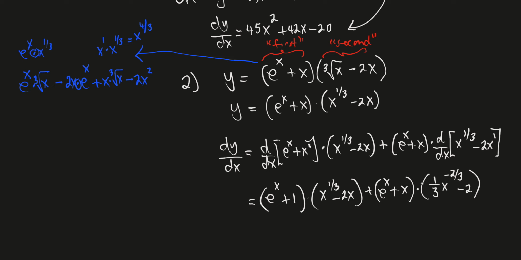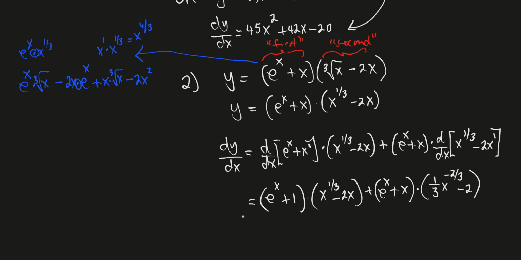And now, there are things we could do. We could rewrite this so that we don't have a negative exponent. We could FOIL things out, but we're not going to get a whole bunch of like terms that we can simplify. The answer is not going to work out as nicely as it did in our previous example. And sometimes we just have to live with a messy derivative. And in this case, this is where I'm going to stop, right?